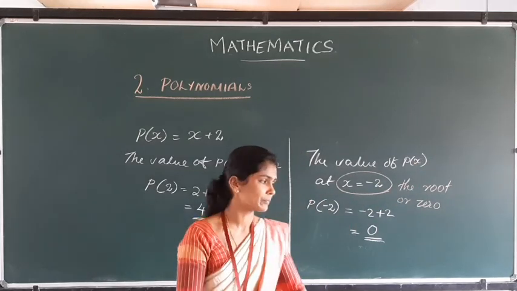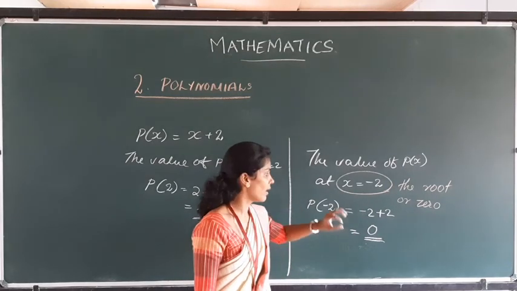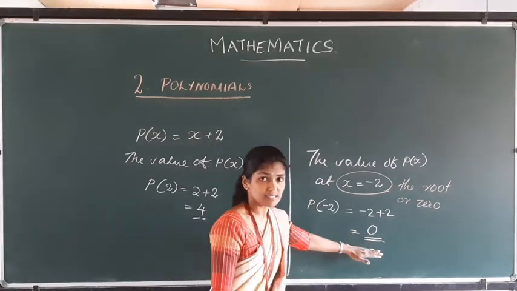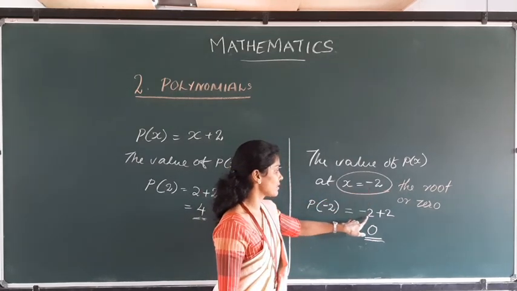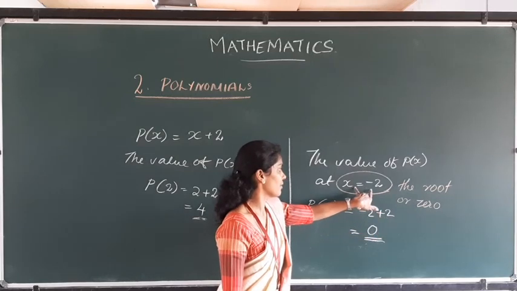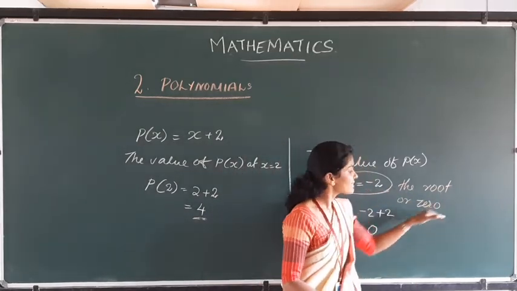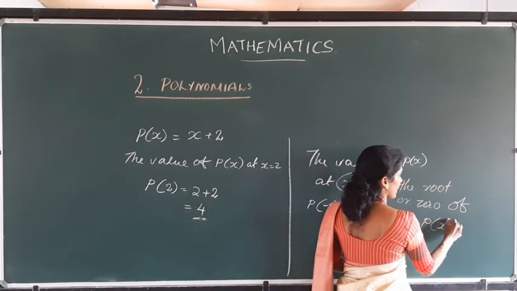One more time. These two are the values of the polynomial. But if you get the value of the polynomial as 0, we call that number, the number which we substitute there, the root or 0 of p of x.